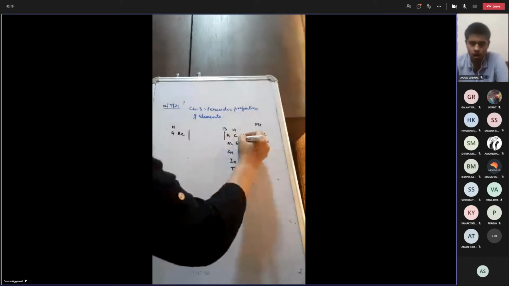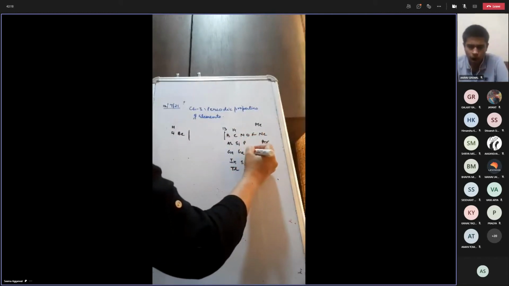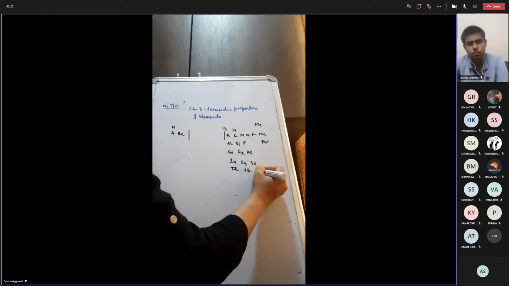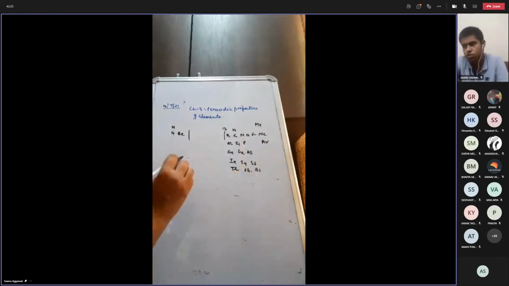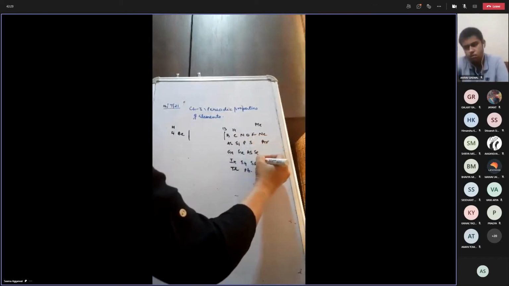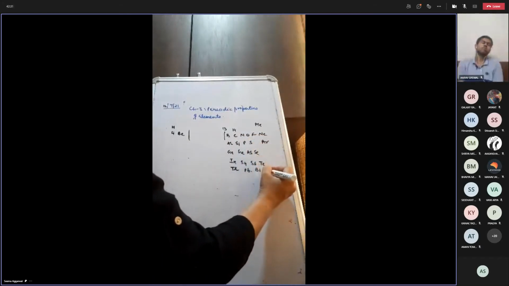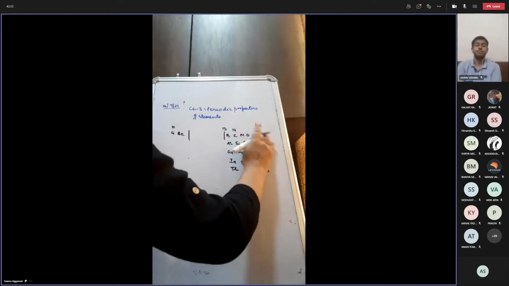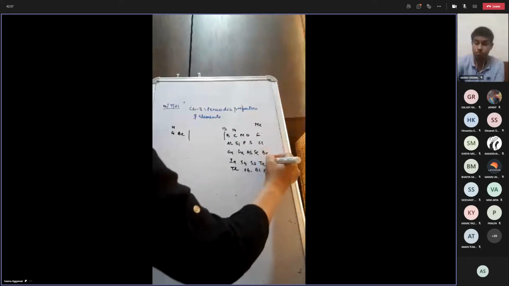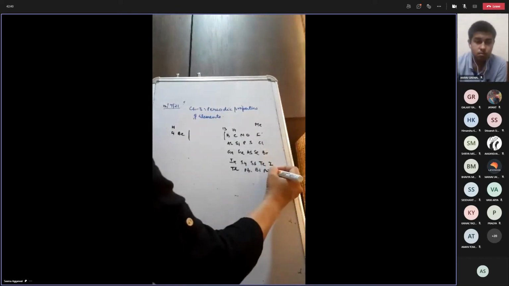Now in group 15, we have nitrogen, phosphorus, arsenic, antimony, bismuth. Okay, now oxygen, sulfur, selenium, tellurium, and polonium. Similarly, here what we have got is fluorine, bromine, iodine, and astatine.